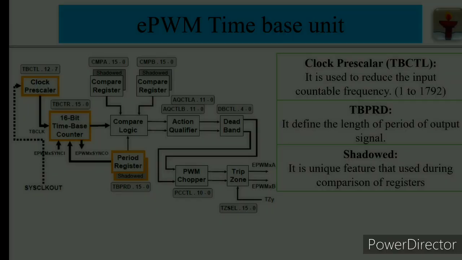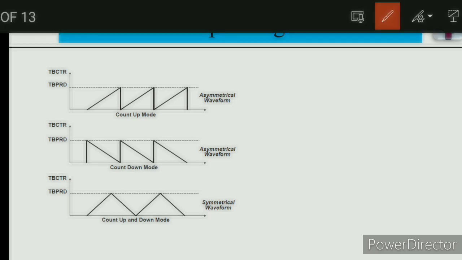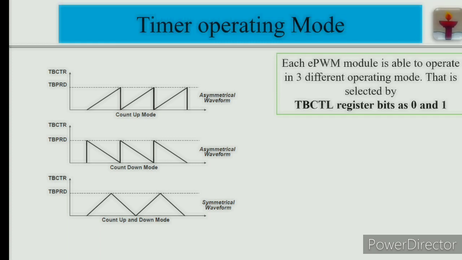Now there are different operating modes of the EPWM. While comparing, you are comparing against a constant line, so there will be different operating modes: up count mode, down count mode, and up-down count mode. How do we select the operating modes?